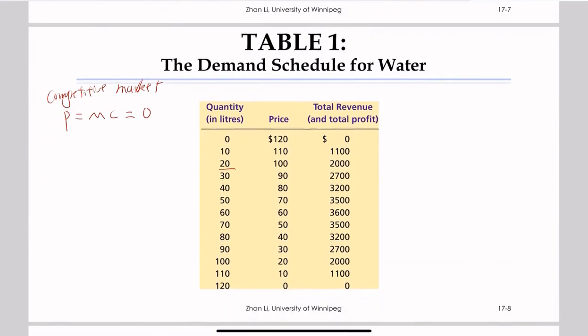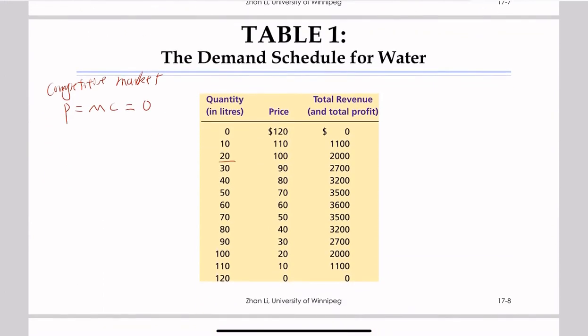And now what is the quantity? Well, we definitely can find out the quantity from the demand curve. So price is 0. Then quantity has to be 120. And we also know that this quantity has to be efficient. This quantity has to be maximizing the market's total surplus. This implies if a quantity is smaller than 120, then we know that this quantity is inefficient, right?